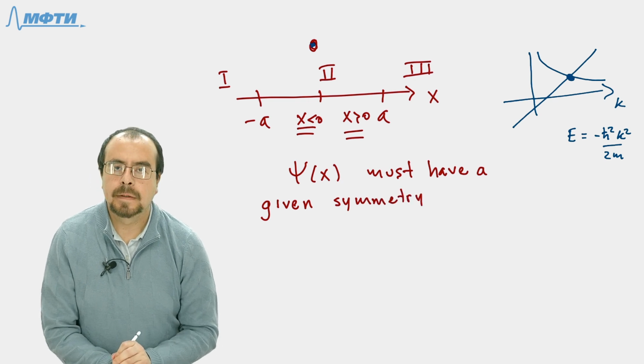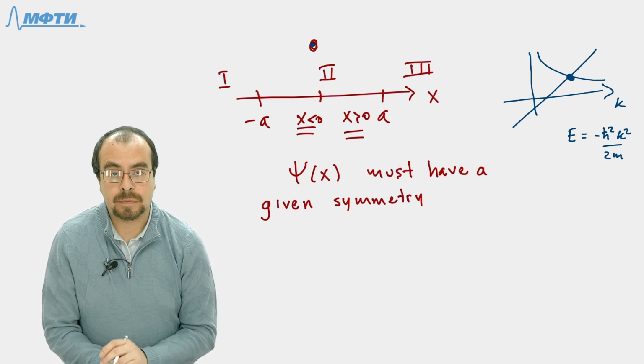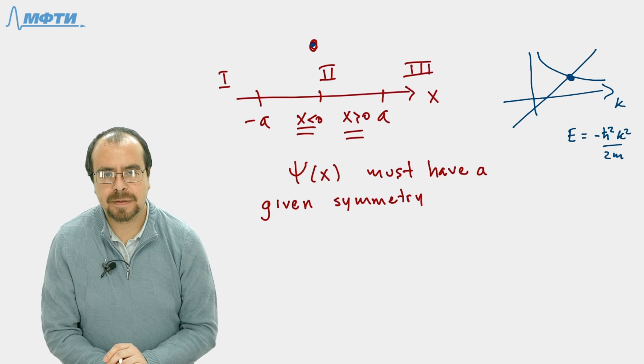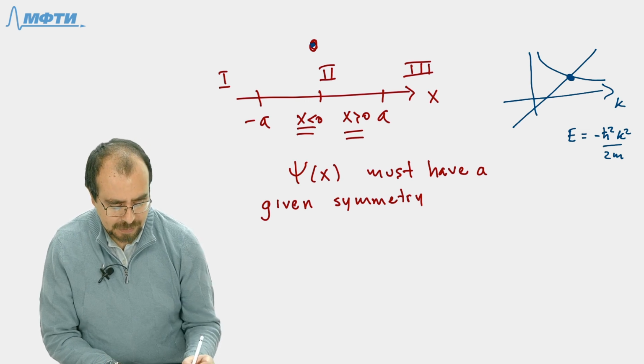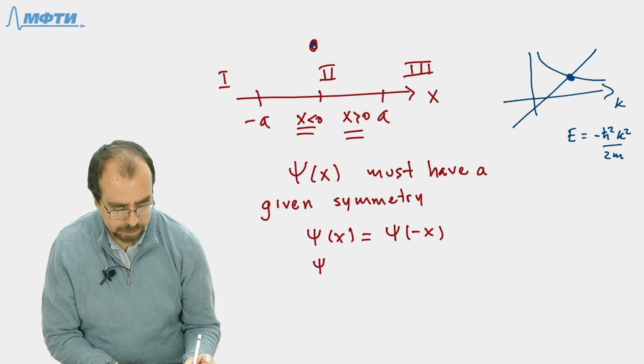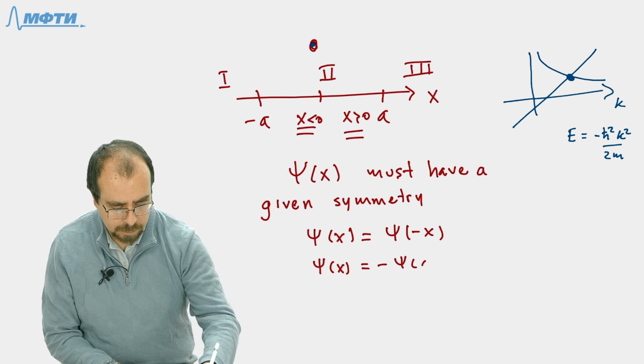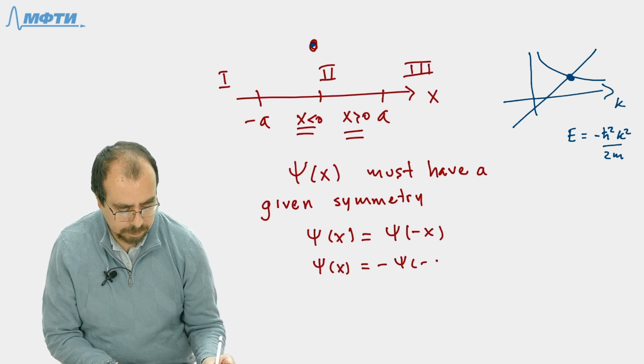Okay, so well, there is only two different kinds of symmetry, right? And so that means that psi of x should be either symmetric or antisymmetric. Minus x.